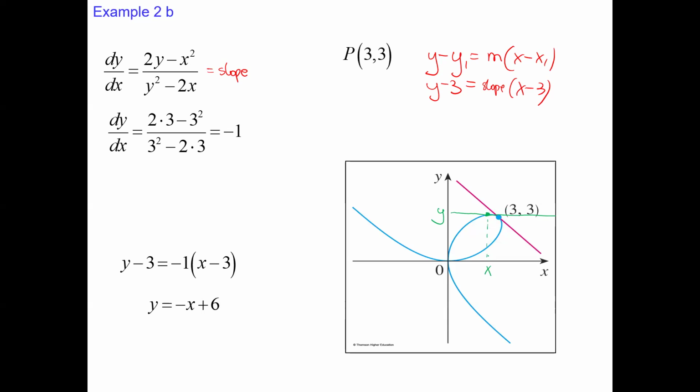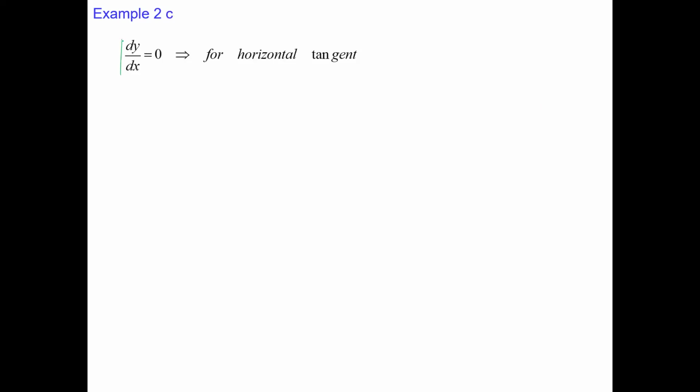Yes, the point will be less than 3. This is a horizontal tangent, and we know that a horizontal tangent has slope 0. That means the derivative is 0.